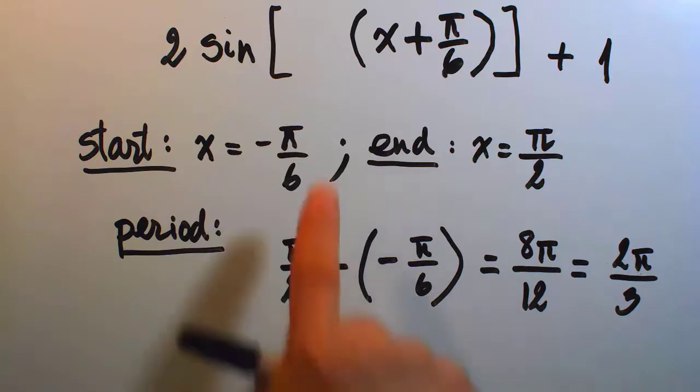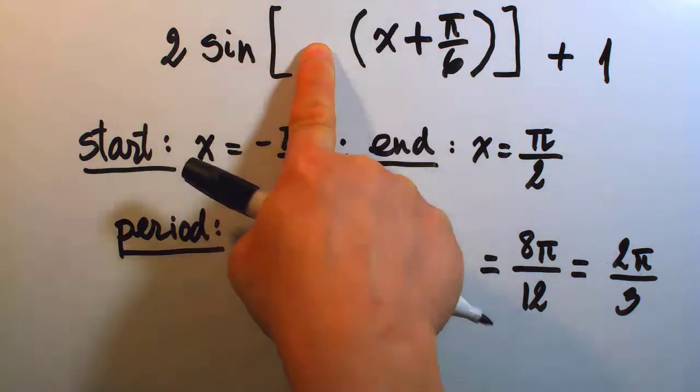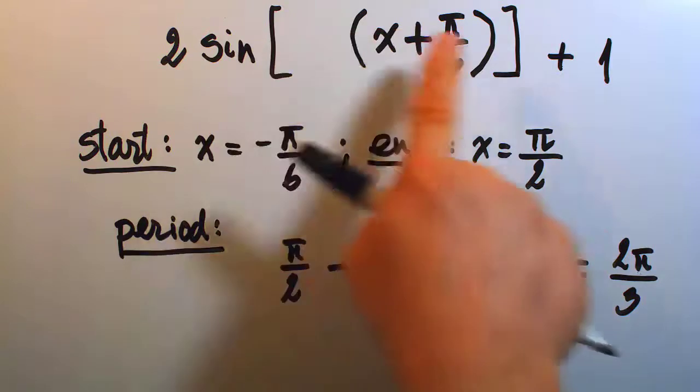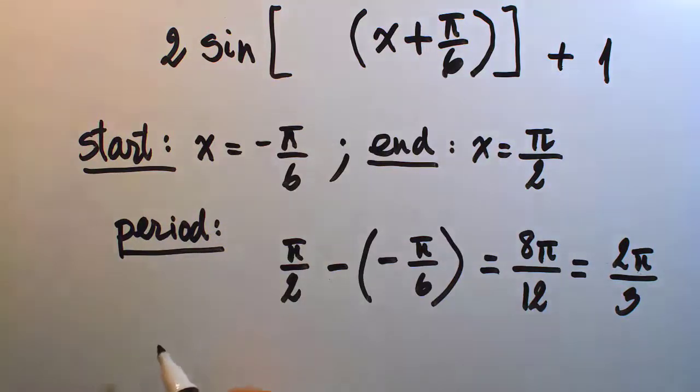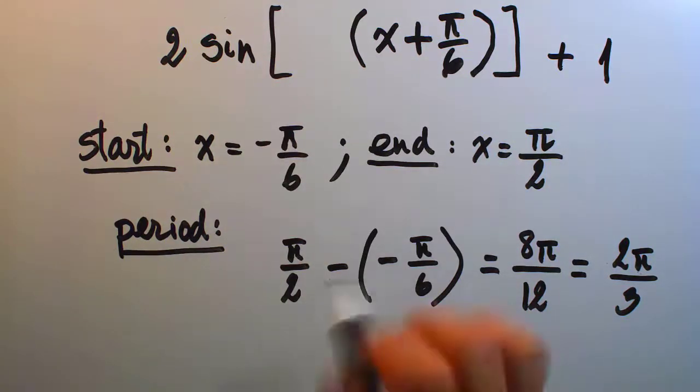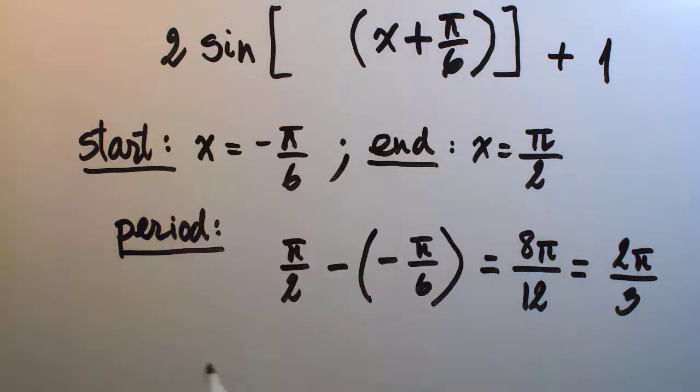And having our period to be 2 pi over 3, remind yourself that the period is determined by the coefficient in front of the parentheses inside of our sine function, keeping that number always positive. So our period is always the standard 2 pi divided by that number a.